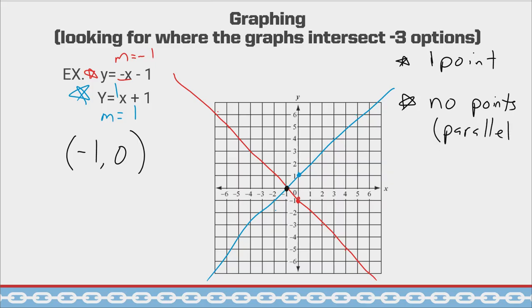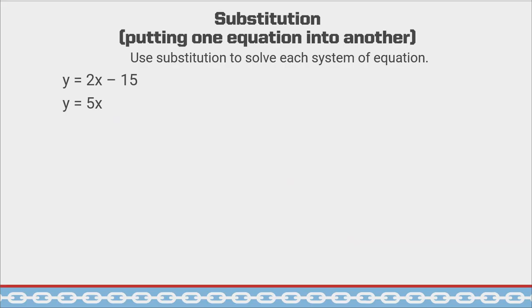And then the last option is where they are the same line, and they have an infinite number of solutions. So those are the three things that can happen when we try to find points of intersection, also called solutions to systems of equations.